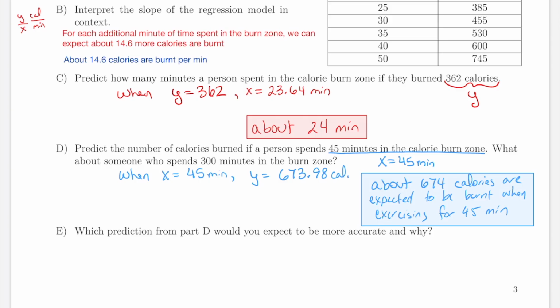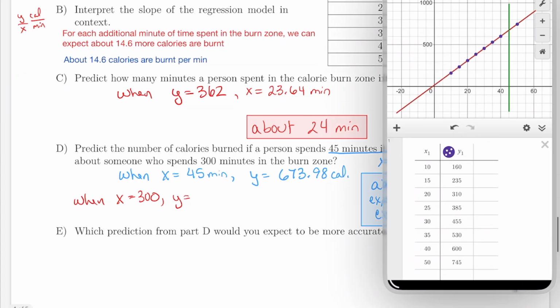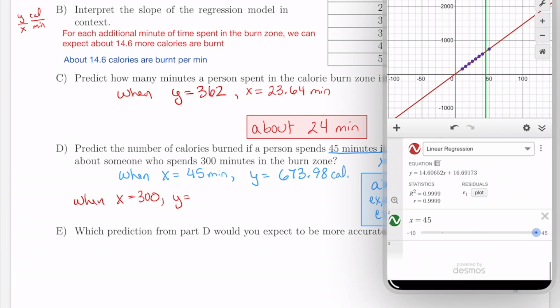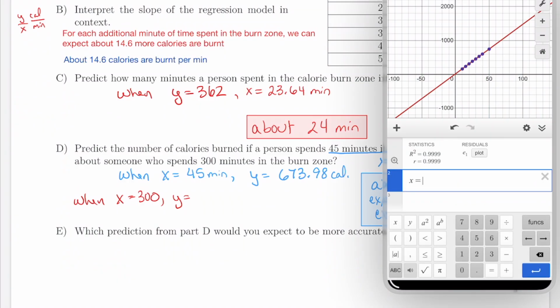Now, we also need to look at this a little bit more yet too, because if you look at this problem, it says, what about someone who spends 300 minutes in the burn zone? Ooh, okay, well, let's go ahead and look at that. When x equals 300, y equals, okay. Let's just change this from 45 to 300. 300, of course, is 5 hours.